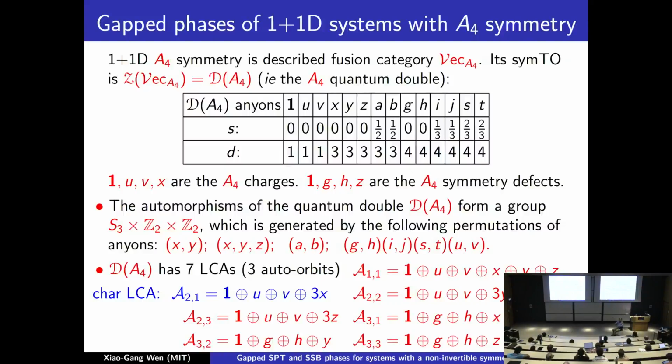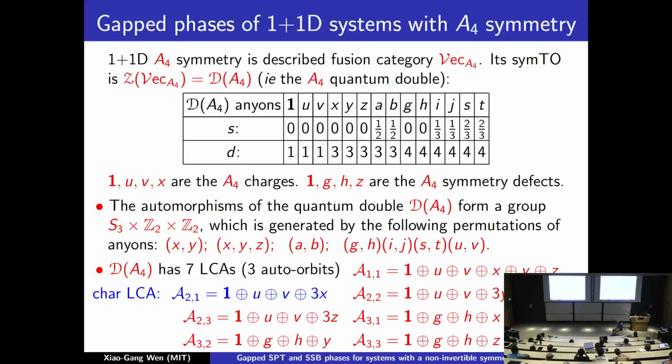It's basically the gauge flux of the A4 gauge theory. So remember that the A4 symmetry is described by Vec A4. They come from the condensation of the A4 charges. So indeed, we compute the condensed algebras for the A4 quantum double.